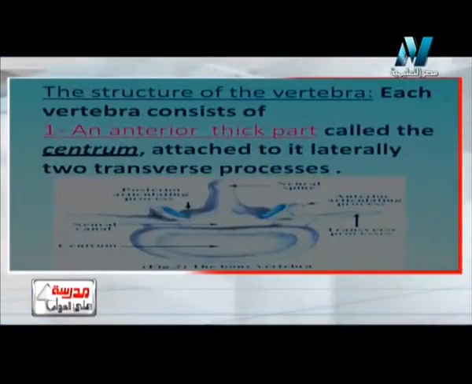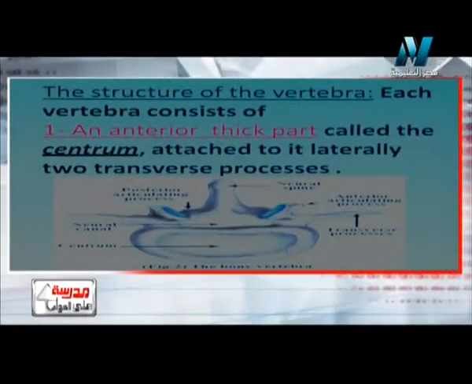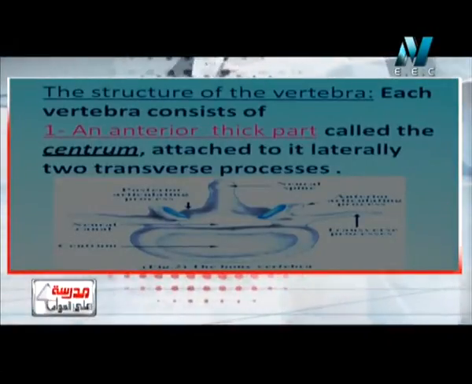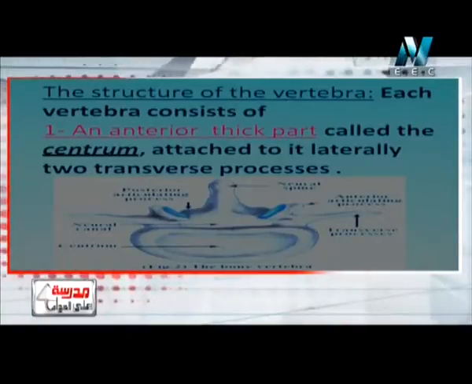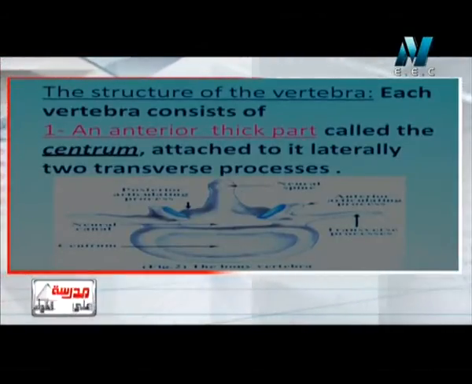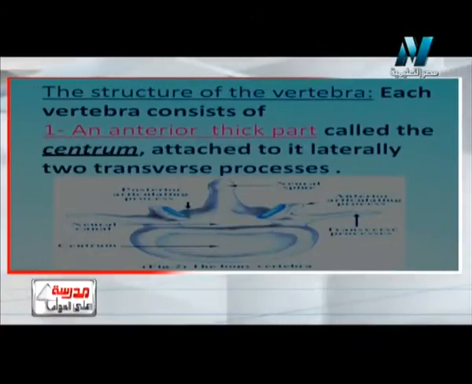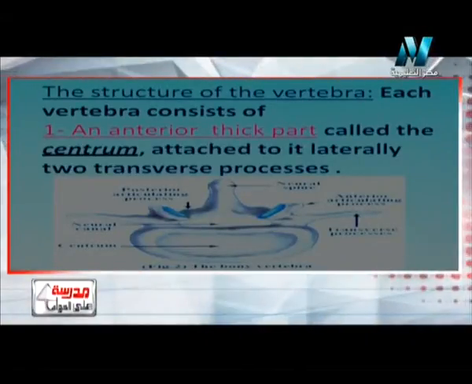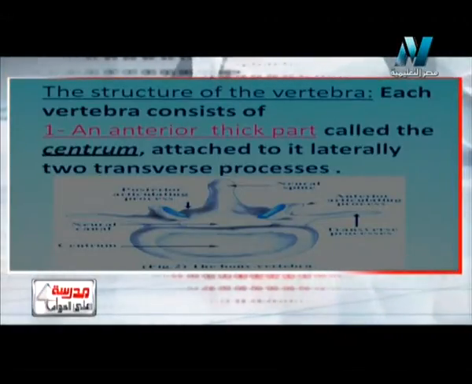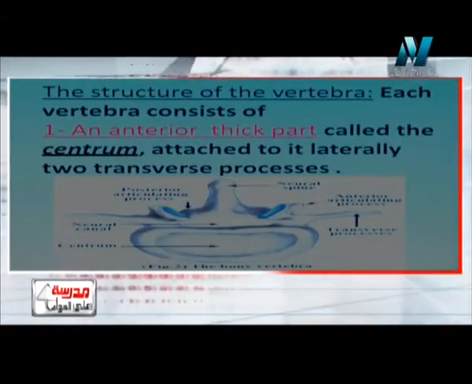As you look here, it has an anterior thick part, which is called the centrum. This is attached laterally to two transverse processes. Here we have two projections, these are the two transverse processes.